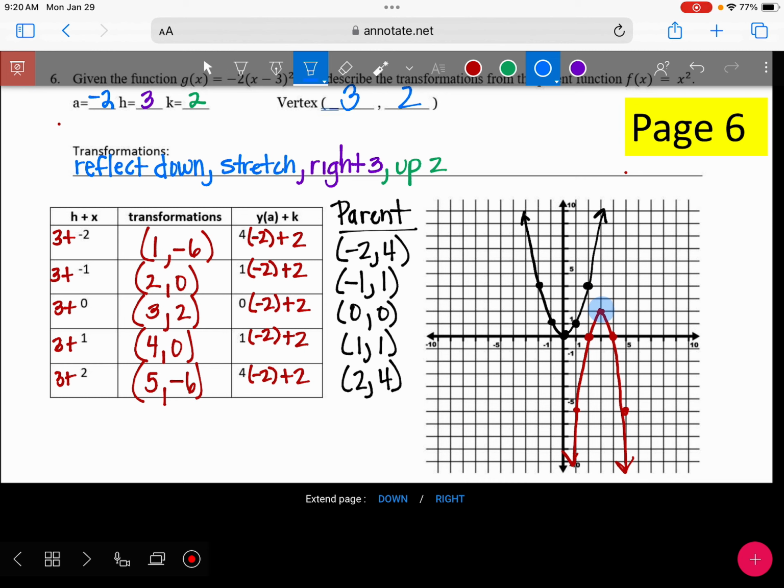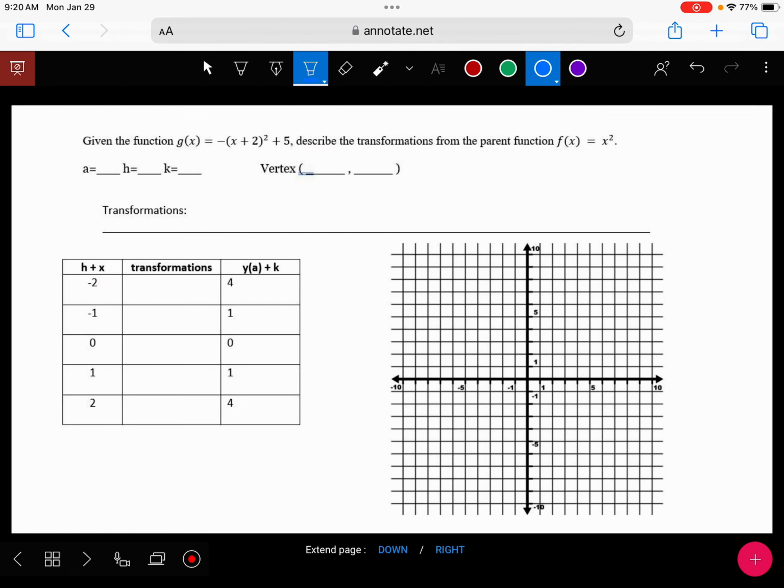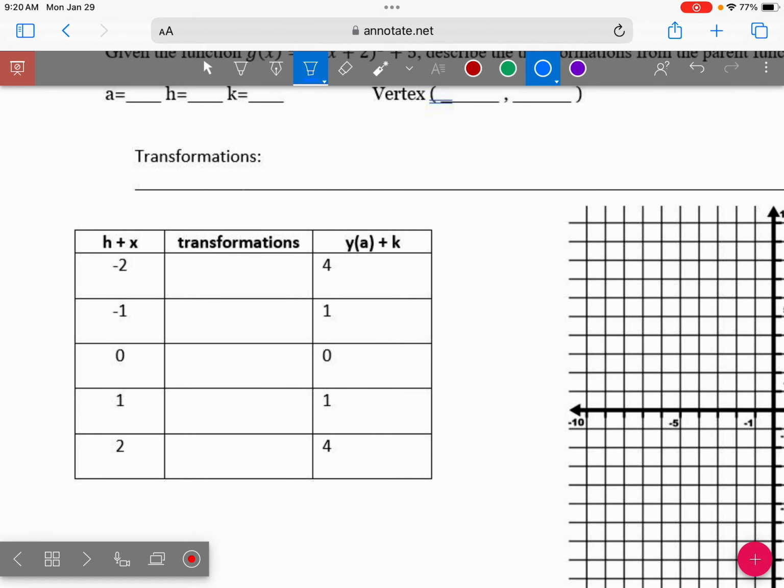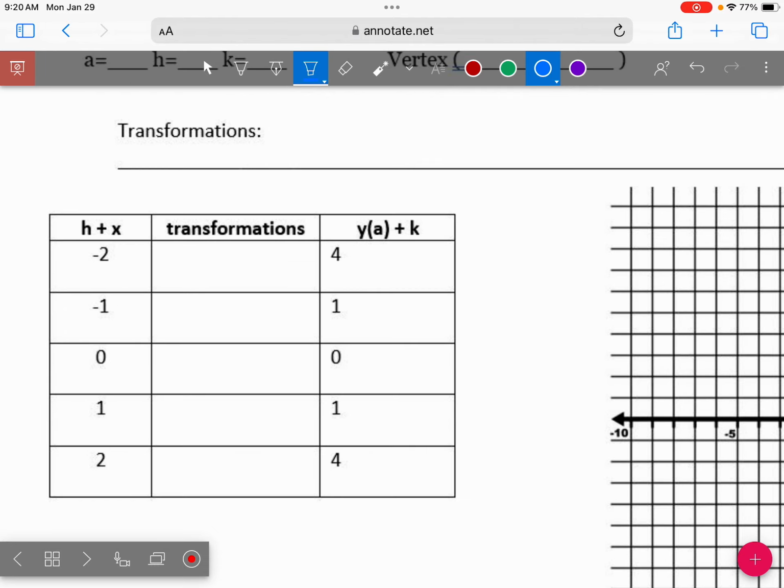All right, so let's switch to our extra practice. We're going to do this a couple more times, and then that's it. The first thing I want you to do is graph the parent. So I want you to graph that parent on our extra practice. Start off by graphing the parent, and then we'll do our transformations.